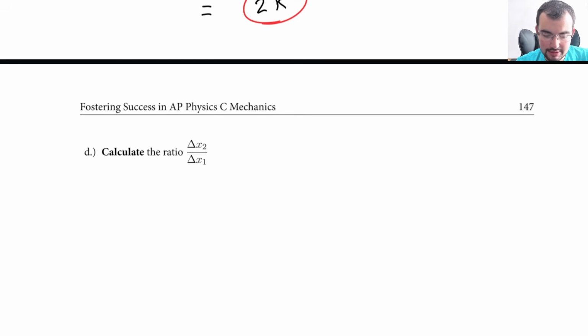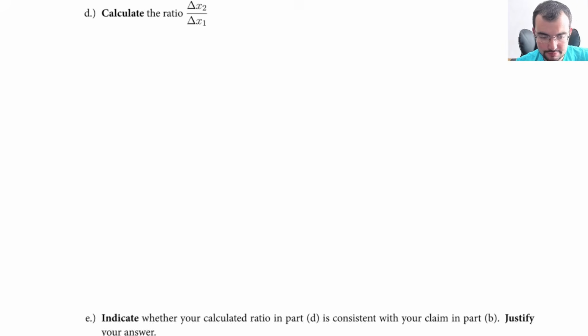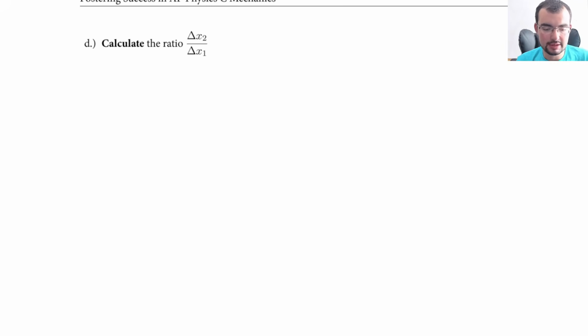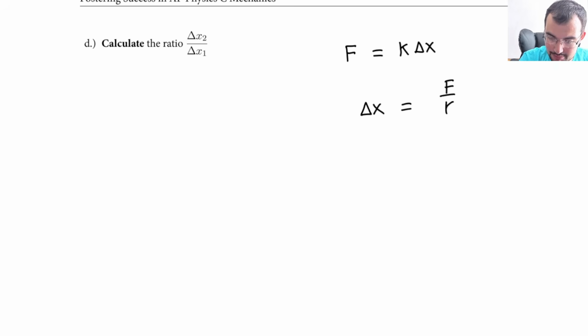All right, and let's calculate the ratio, delta x2 over delta x1. So we are interested in this, and we know we are creating the same force F, which is going to be equal to K times delta X. That means delta X is just going to be equal to F divided by K. We know that we are creating the same mg force.